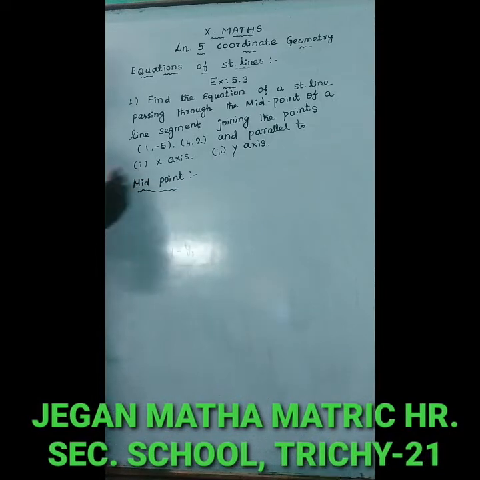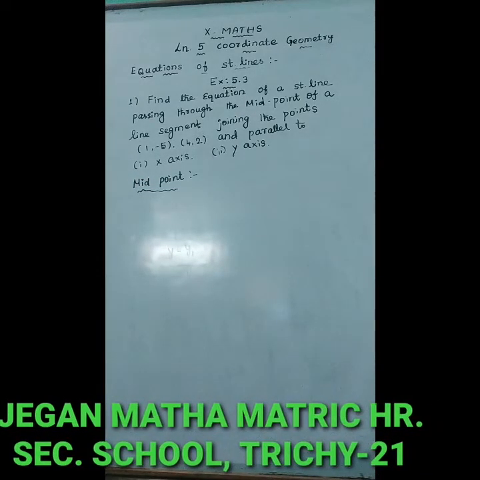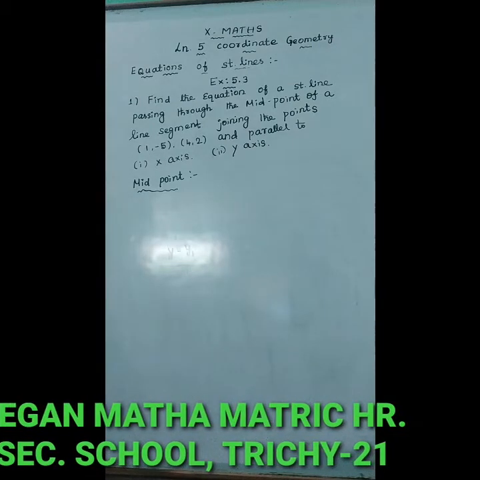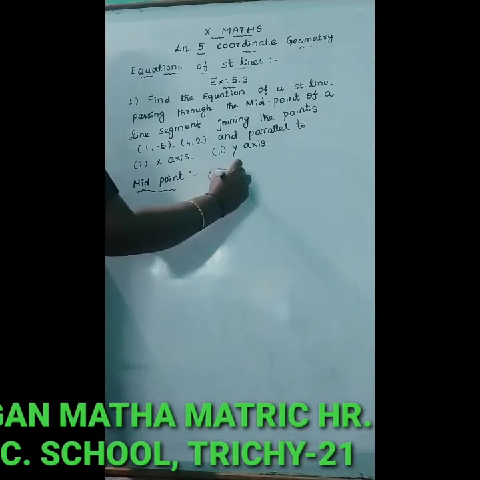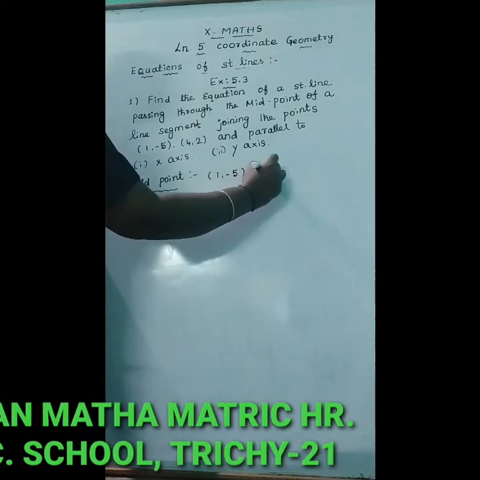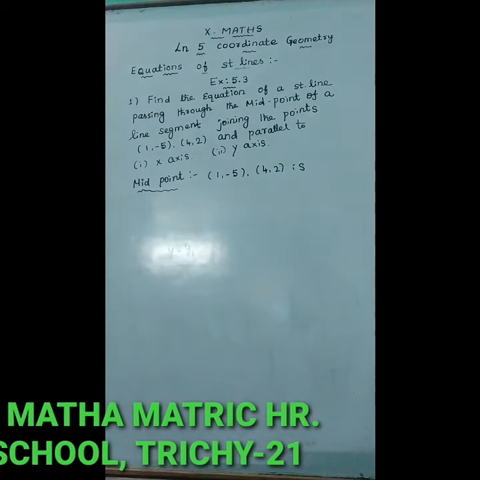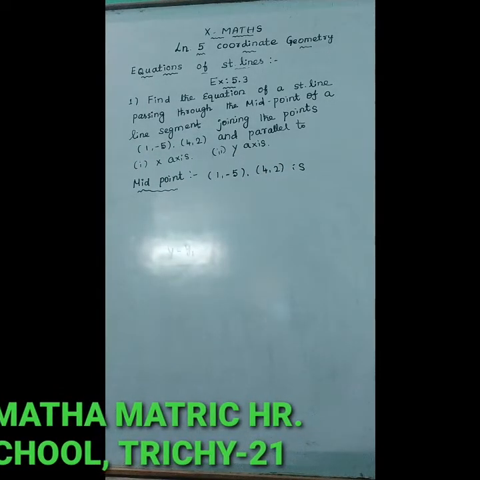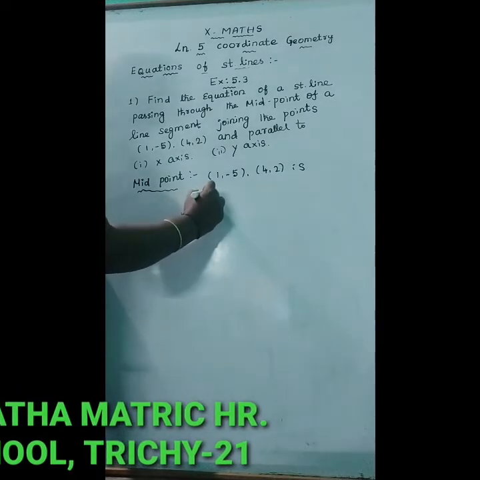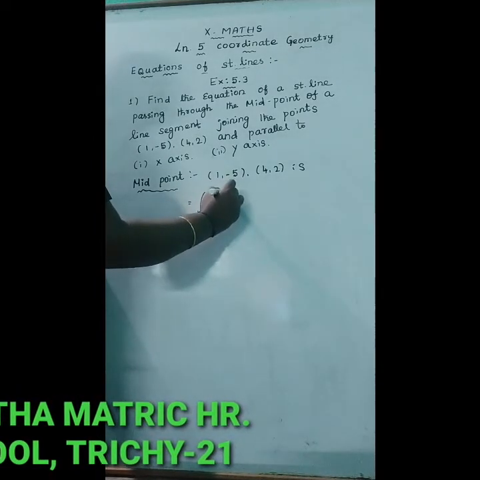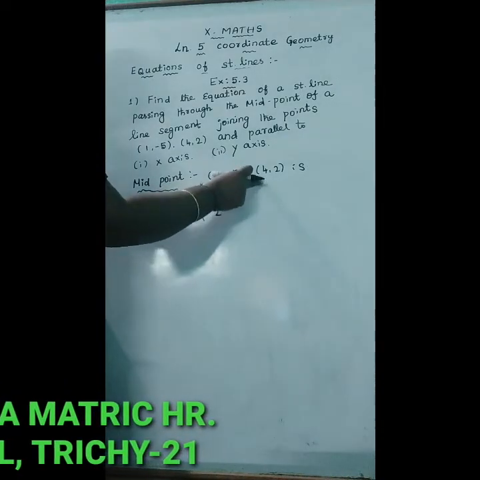We already know how to find the midpoint: x1 plus x2 divided by 2, then y1 plus y2 divided by 2. So the midpoint of the line joining the points (1, minus 5) and (4, 2): we consider (1, minus 5) as x1, y1 and (4, 2) as x2, y2. So 1 plus 4 divided by 2, since x1 is 1 and x2 is 4.